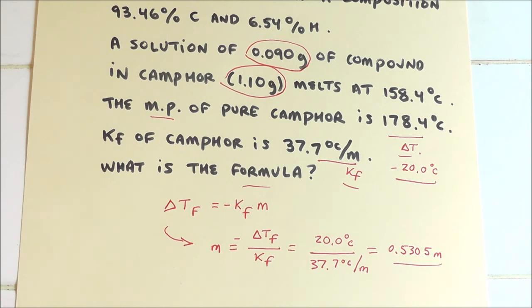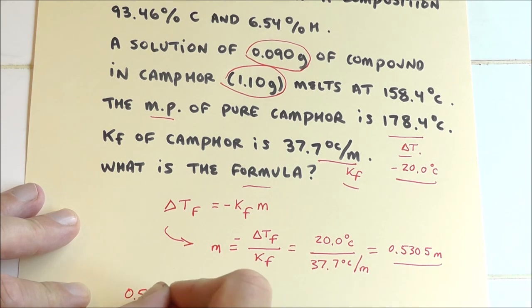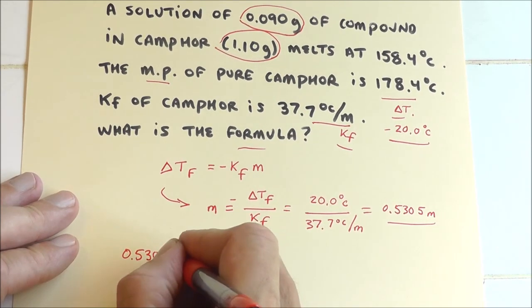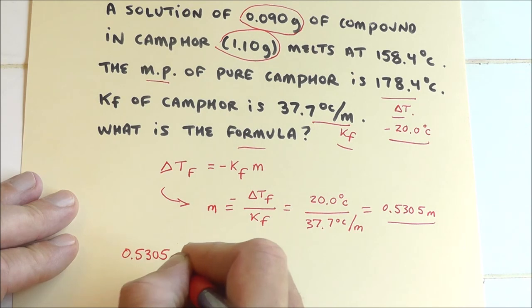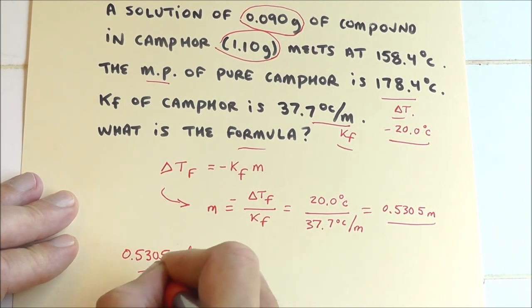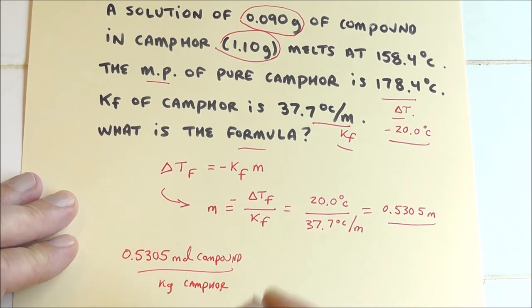So the next step, and what is usually the next step in these problems, is you use the molality to find moles. But remember, these little abbreviations are quite dangerous because a lot of my students make the mistake of saying M is moles. Nope. M is moles, compound, per kilogram. Camphor is the solvent.